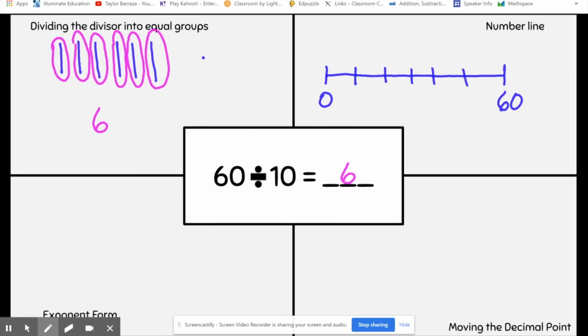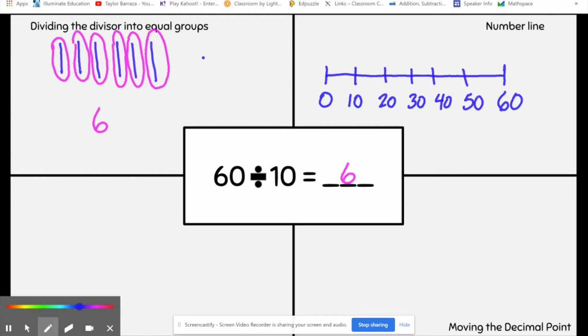I can skip count to double check that I've done it properly. 0, 10, 20, 30, 40, 50, 60.